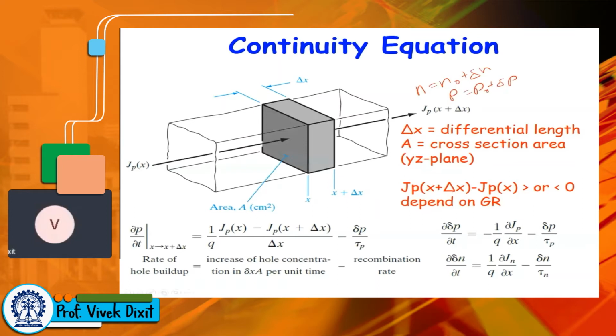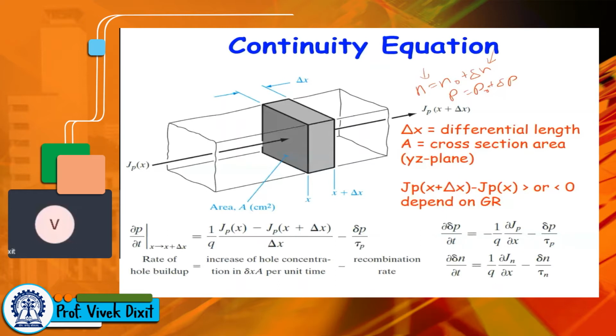So when you take the derivative of n and p, it can all be written as the derivative of delta n, because n naught is constant, right? So only the change, the excess carrier concentration.